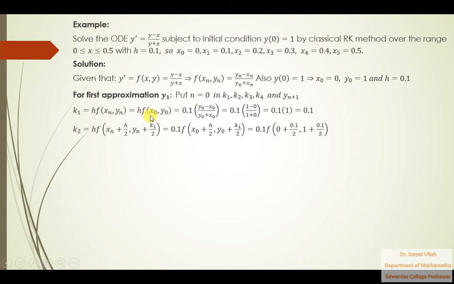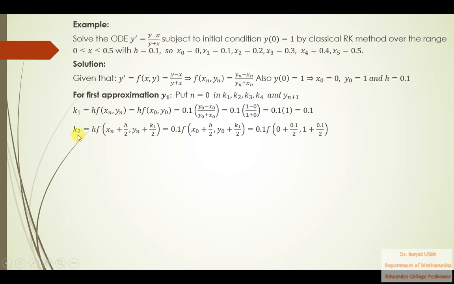This is the value of function of x naught comma y naught, and h is replaced by 0.1. Now putting the values of x naught and y naught in this fraction, you'll get k1 is equal to 0.1.